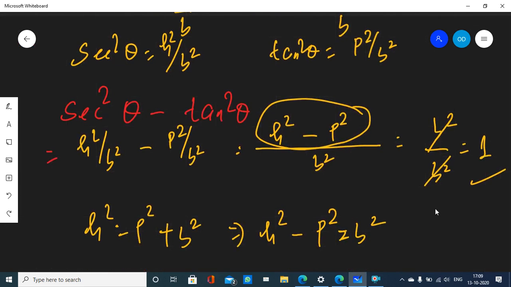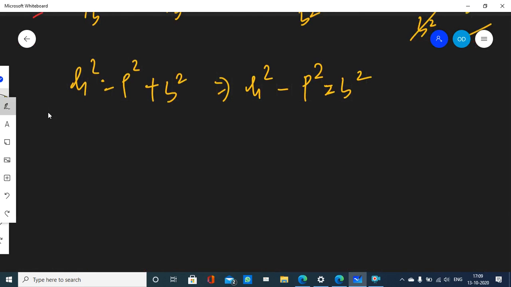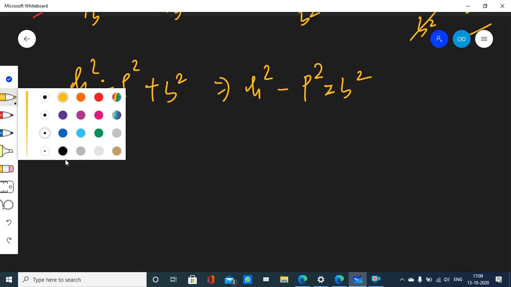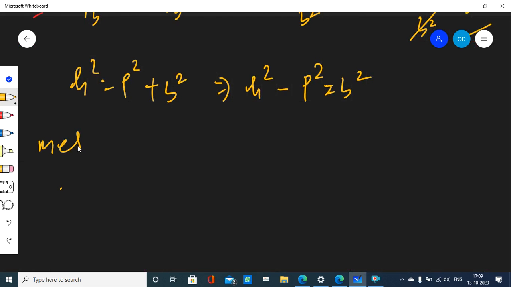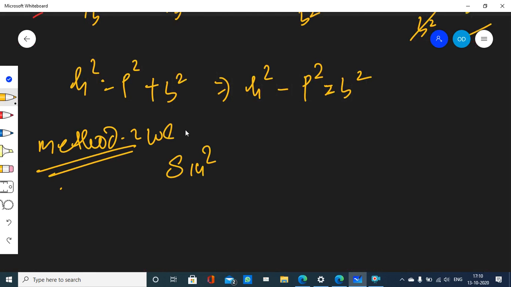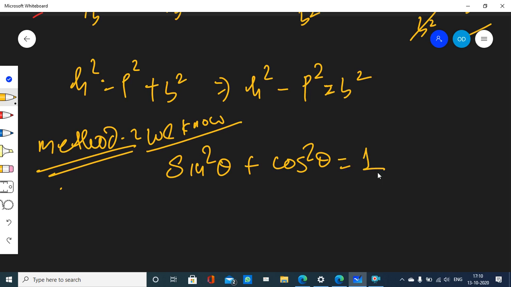Well, there is another way of proving this also. Method 2. The first identity, remember? We know that sin square theta plus cos square theta is equal to 1.